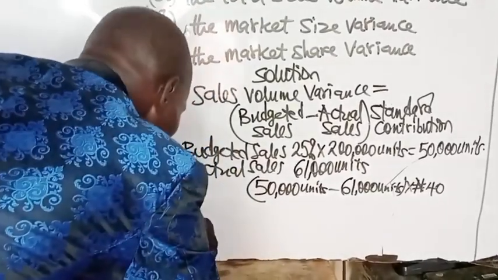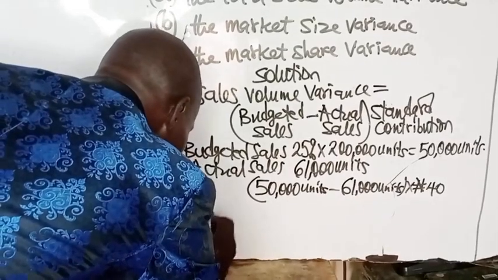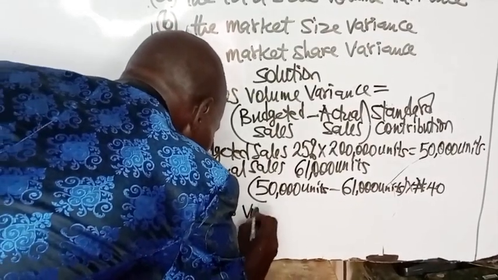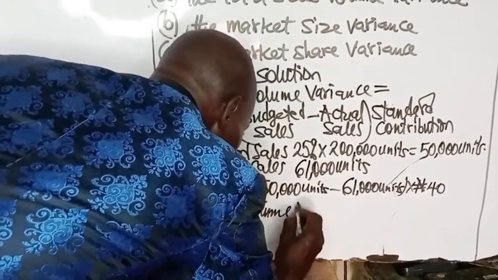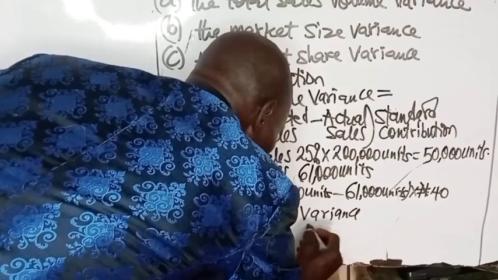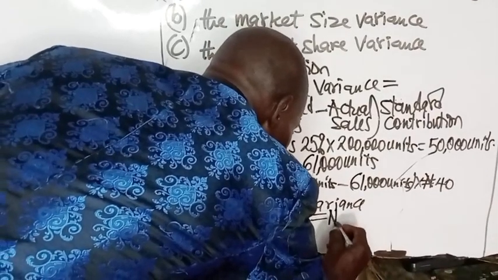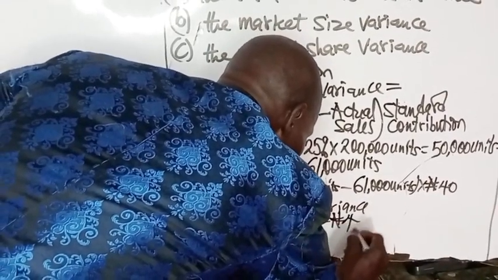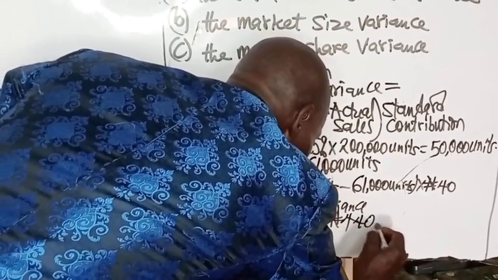Therefore, sales volume variance equals 440,000 naira.